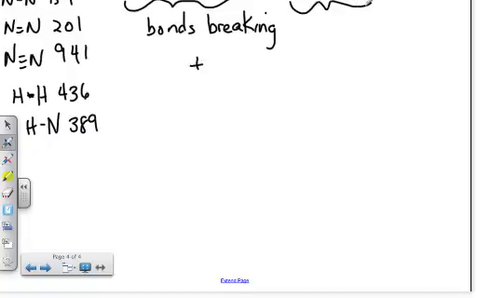The bonds being formed on the product side, energy is released. That's why the bonds form. And it's negative. So what you do is you add up all of the bond energies that are being broken, give that total a positive sign, add up the bonds being formed, give that a negative, and then add them together, and you have your delta H. So it's different from products and reactants.